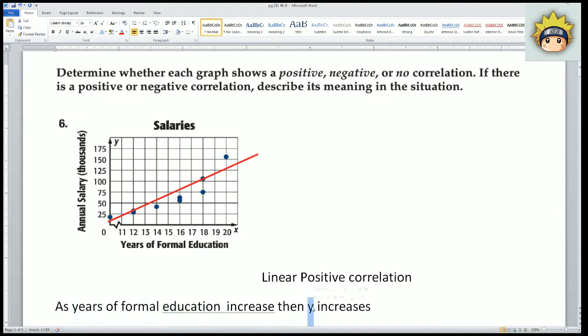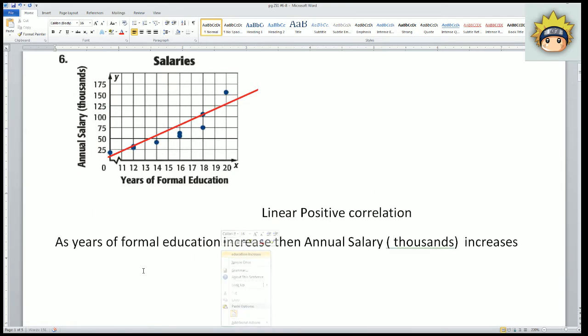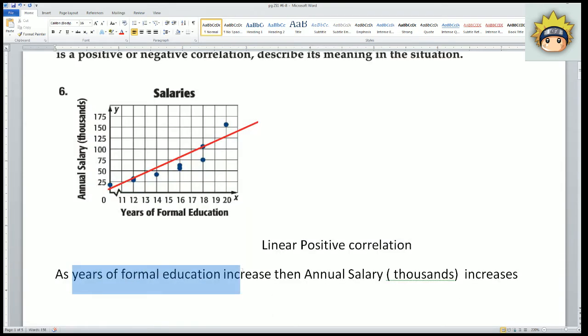And for y, I am just going to put what y is: annual salary, and we're going to put this in thousands. That's exactly what it says. So here would be my answer. This is my x, and this is my y.